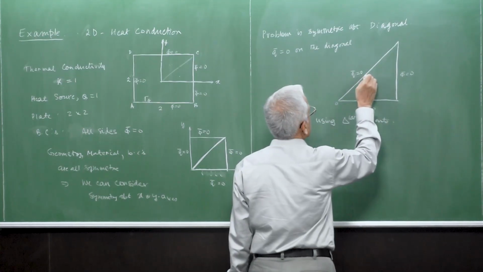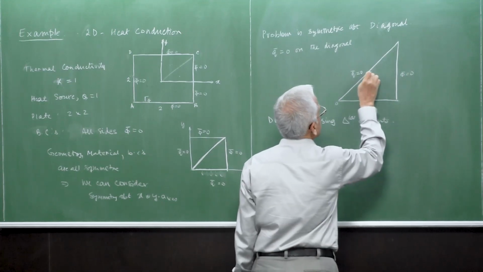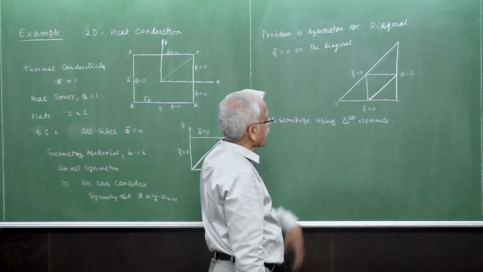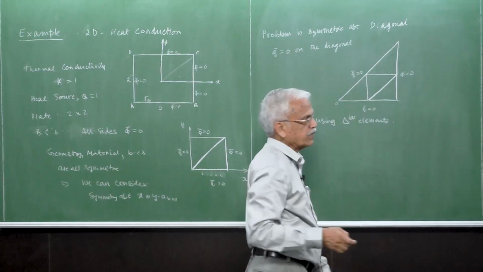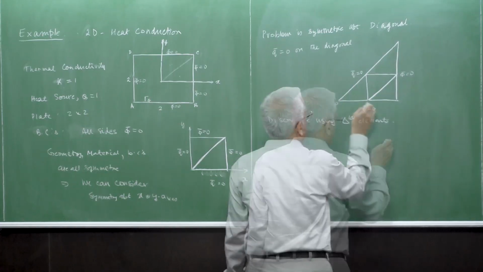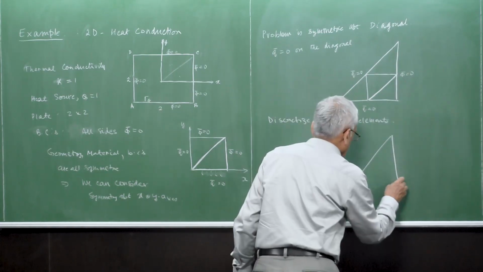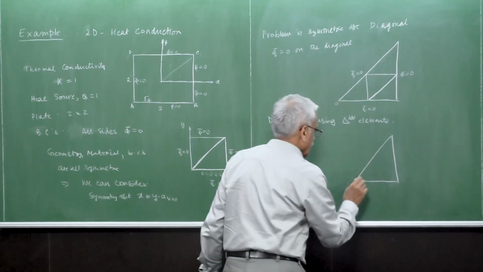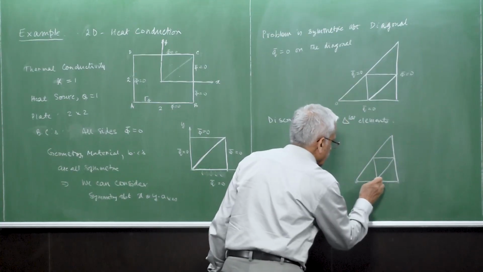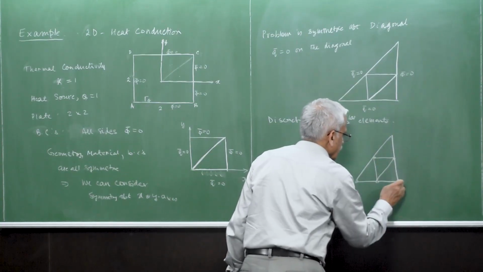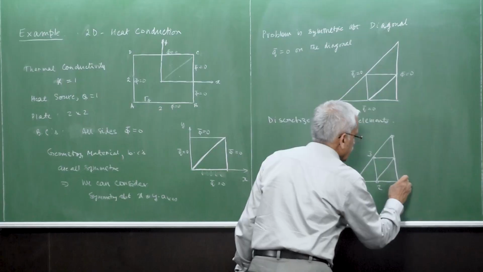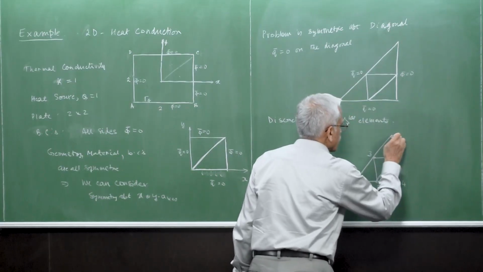And we cannot afford to take only one element. So let us take just a few more elements like this one. So there are 4 elements. All are of equal size except that this is turned upside down. So let's put the nodes at these points, and let's call this as 1, 2, 3, 4, 5, 6.